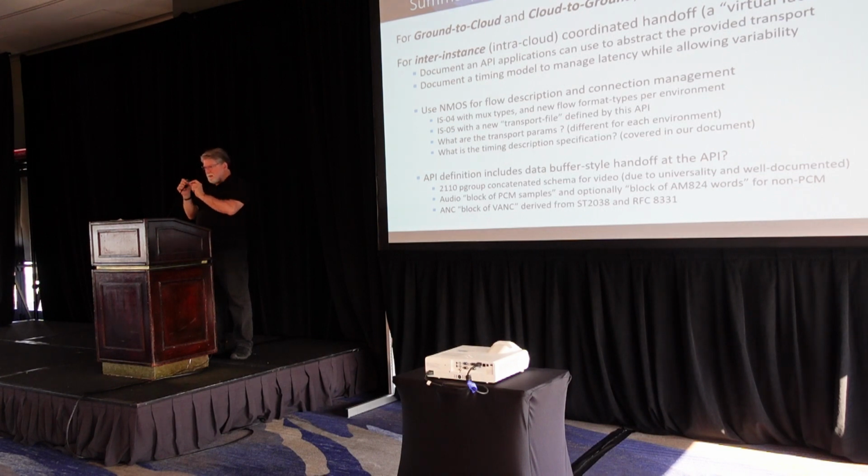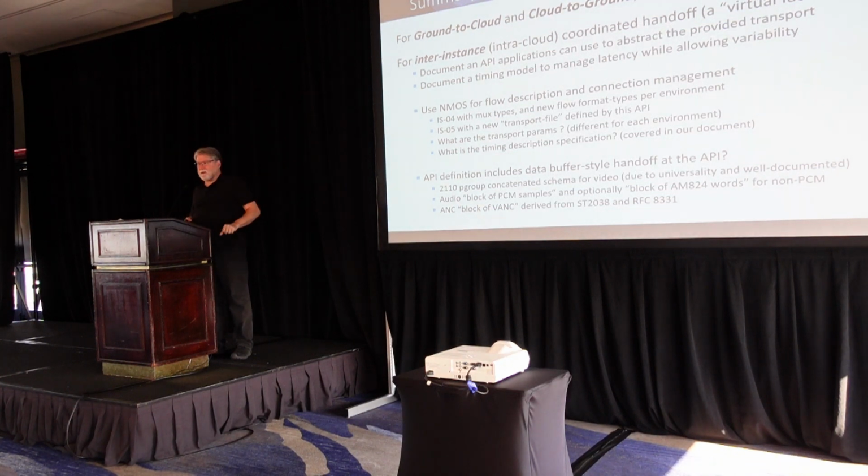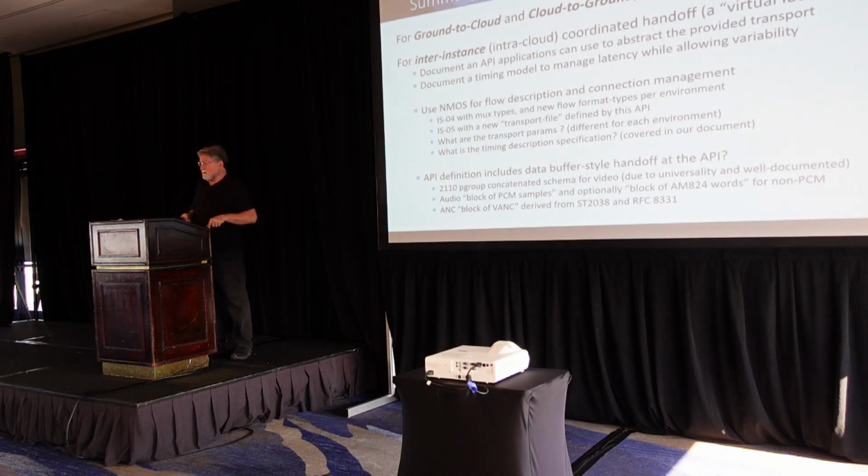For the inside the cloud, handing things from workflow step to workflow step, we said, okay, we're going to document an API that applications can drop a frame and some audio maybe onto, and it shows up at the next workflow step. And how it gets between those things is up to the provider it's running in. We're going to use NMOS to describe those connectable items.